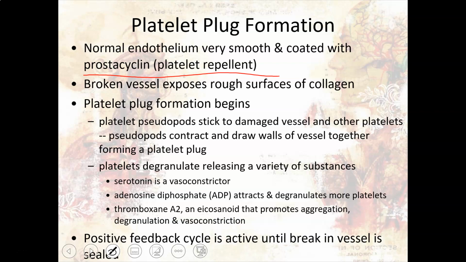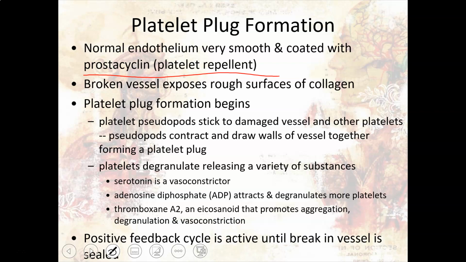Once those platelets stick to the collagen fibers, they degranulate. They release serotonin, which causes the blood vessel to constrict. They release ADP, which attracts more platelets. Now we're in positive feedback. More platelets are attracted, more ADP is released, more platelets are attracted.